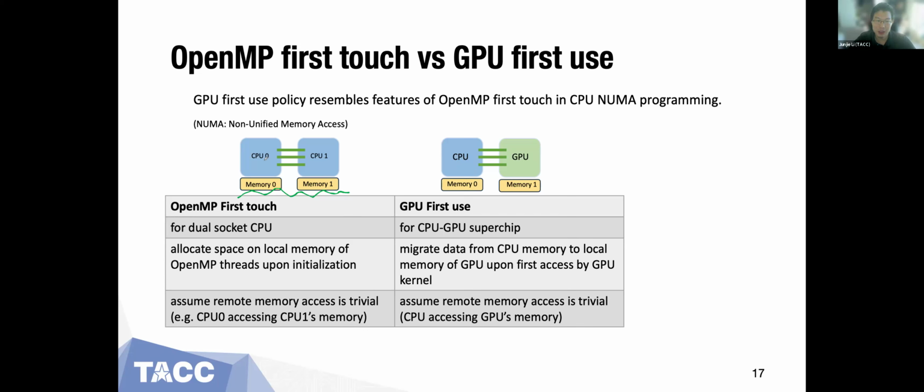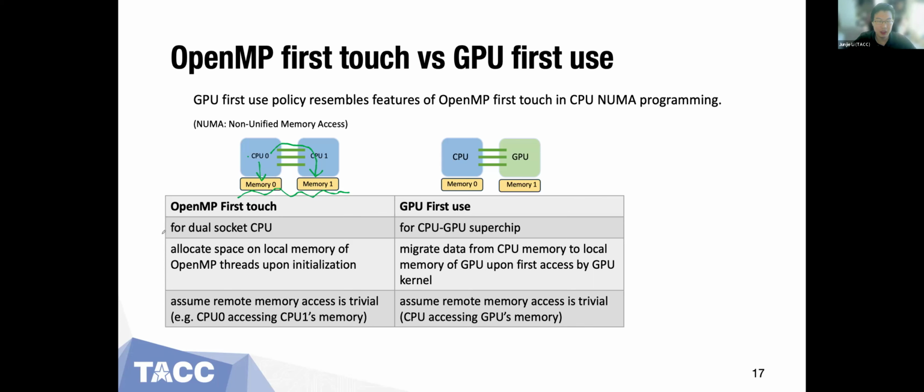So in multi-socket programming, the issue that people face, and why they have to use OpenMP first touch, is that CPU 0 accessing its own memory 0 is very fast, but it's very slow if you cross the connection and access the memory from the other socket, memory 1. And people do OpenMP first touch so that the data gets localized in the socket where the OpenMP thread belongs.